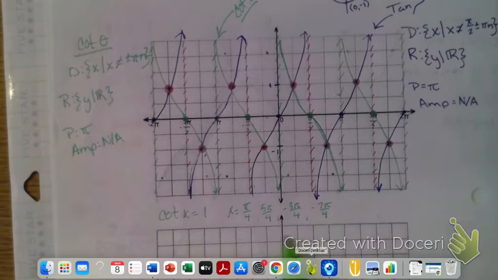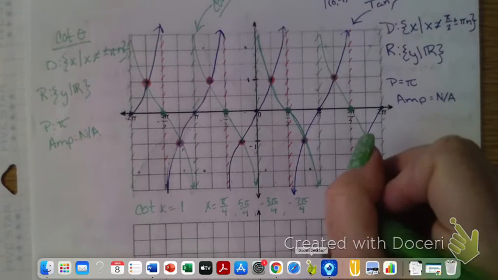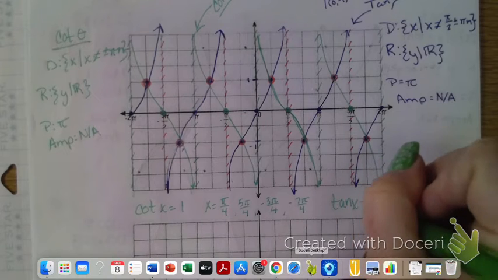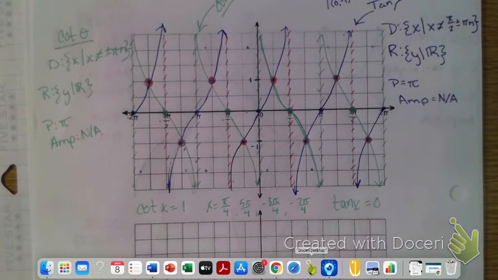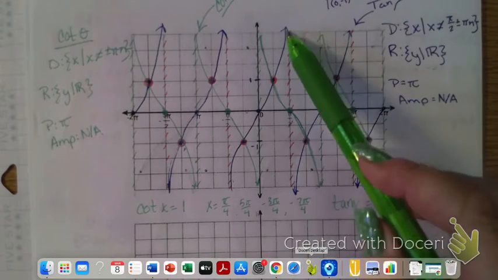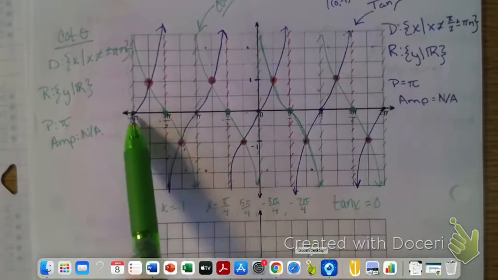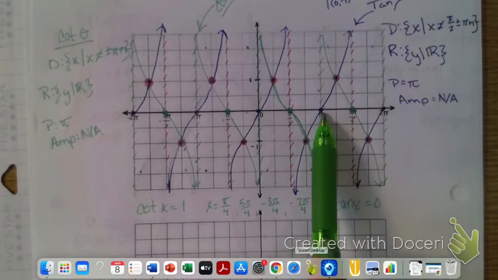So after I did this, are there any further questions on your homework last night? Okay. For tangent, I think you only had 4 answers, and that would work for cotangent also. Actually, how many answers would I have if I said tangent of x equals 0? Tangent was the blue, right? 1, 2, 3, 4, 5.